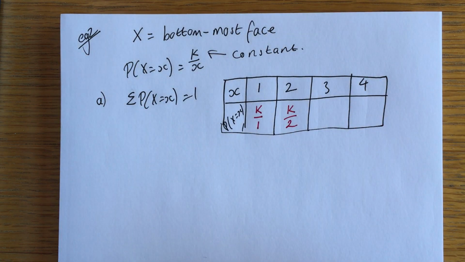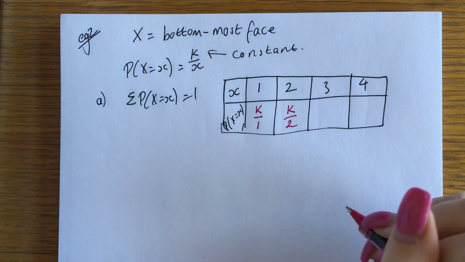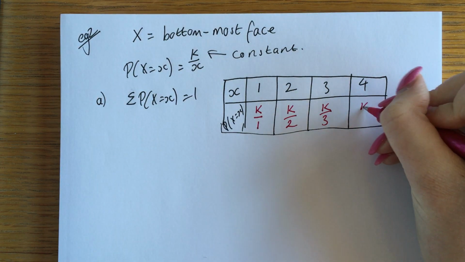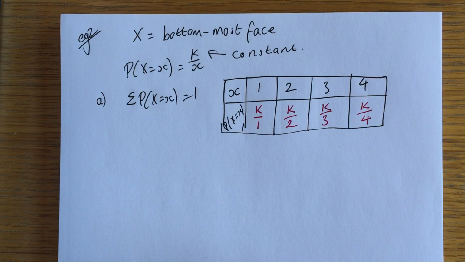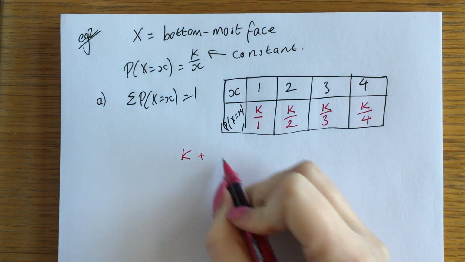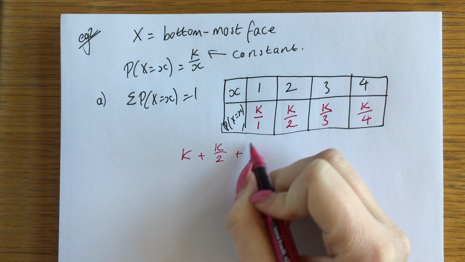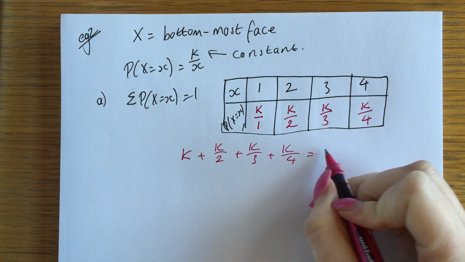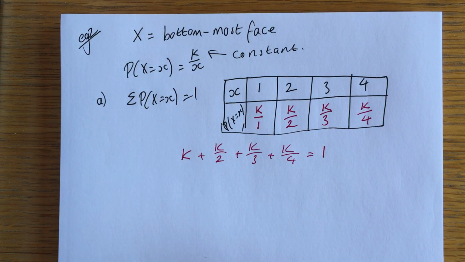Therefore the probability that x is equal to 2 must be k over 2. That it's equal to 3 is k over 3. And that it's equal to 4 is k over 4. Well, I know that k plus k over 2 plus k over 3 plus k over 4 must be equal to 1 whole.